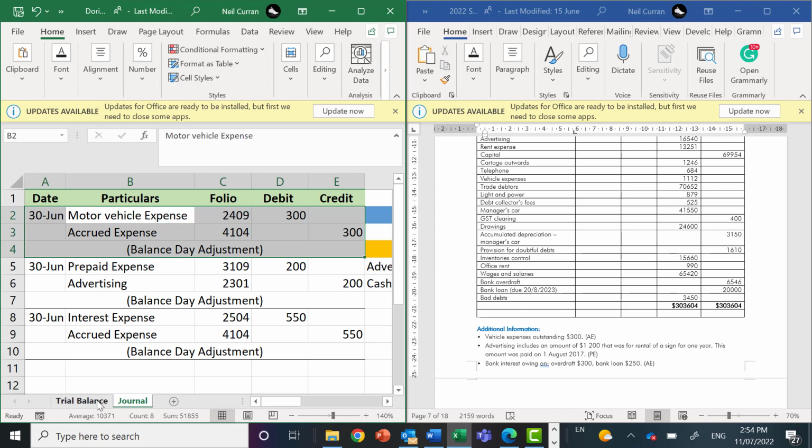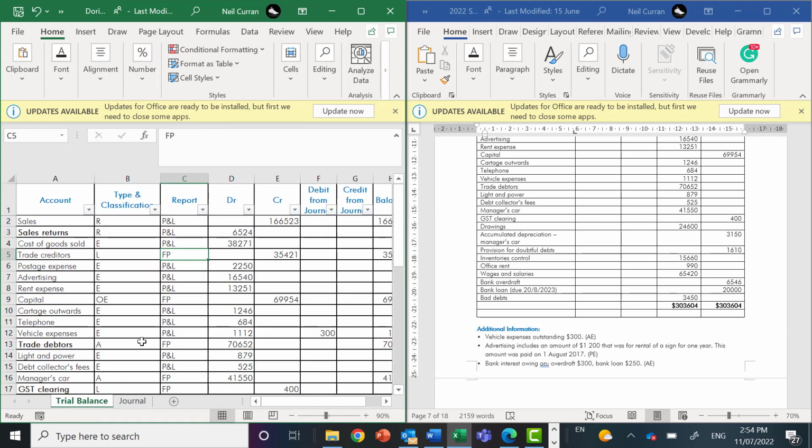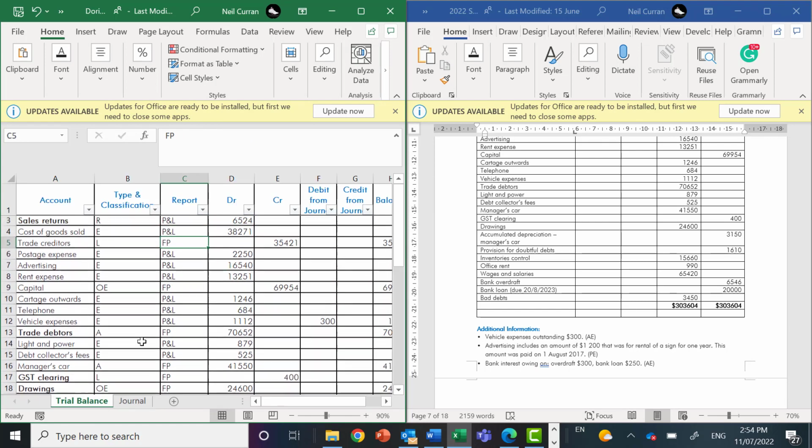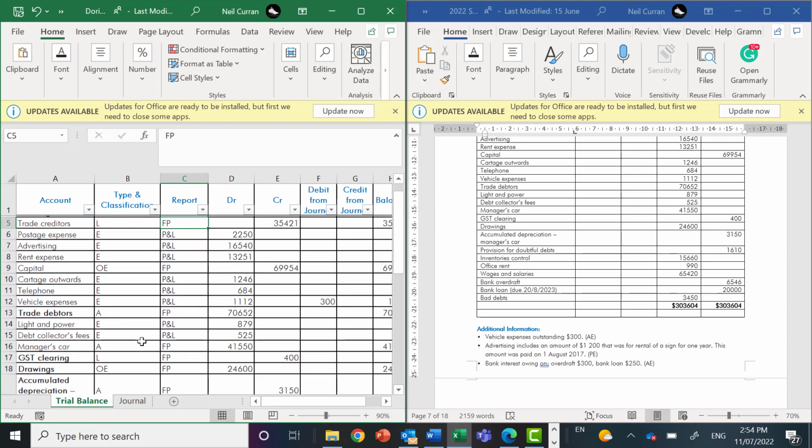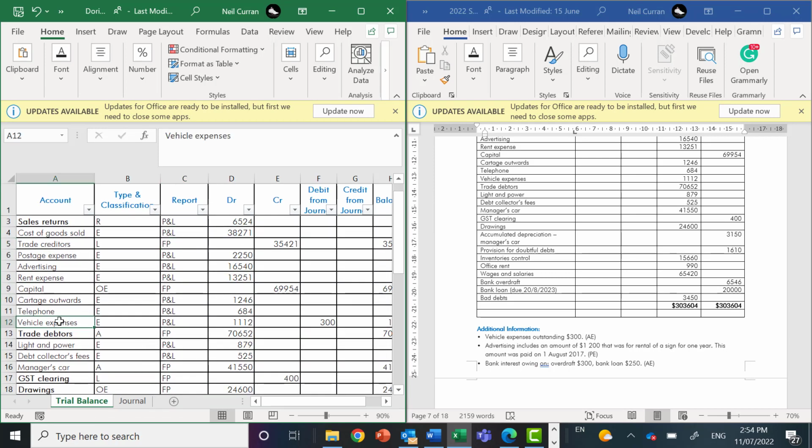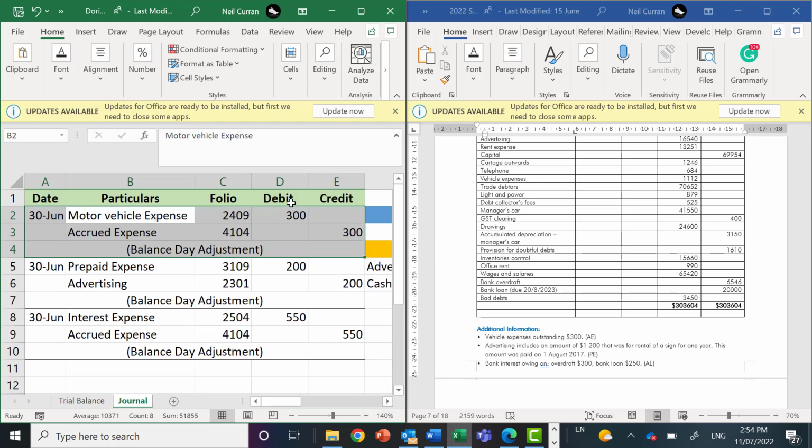So go over to your trial balance tab, and then you need to find out where your motor vehicle expense account is. And here it is. We've got a column called debit from journal, and the reason it is in the debit column is because of where the amount is. So we are going to increase our motor vehicle expense by $300.